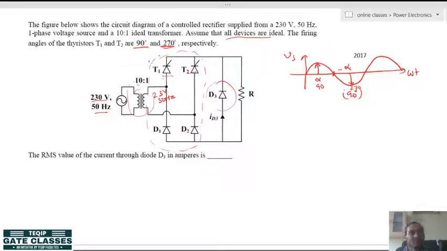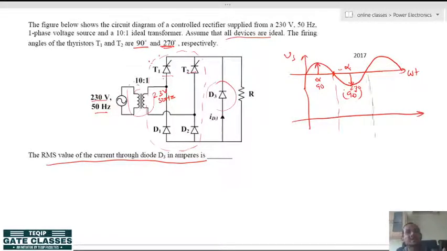So, what is the RMS value of current through the diode? It is very simple: when will the freewheeling take place? Only for the duration when the firing angle is not there does the freewheeling action take place.